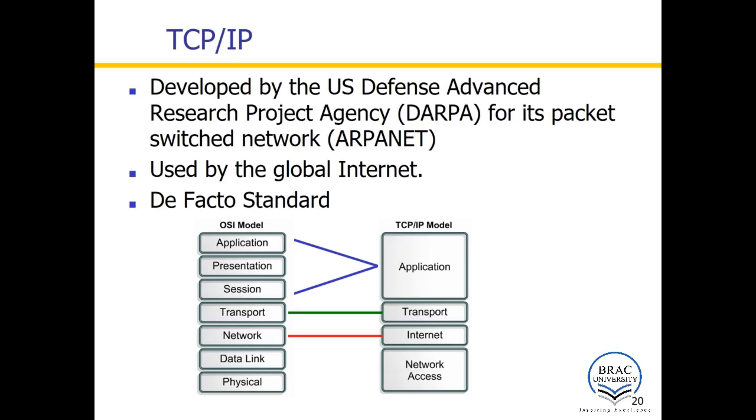The network layer functionalities of the OSI model are done by the internet layer in the TCP/IP model, and the data link and physical layers in the OSI model are done in the network access layer of the TCP/IP model. So there is a combination of layers in the TCP/IP model, whereas in the OSI model they have different functionalities according to the layers.